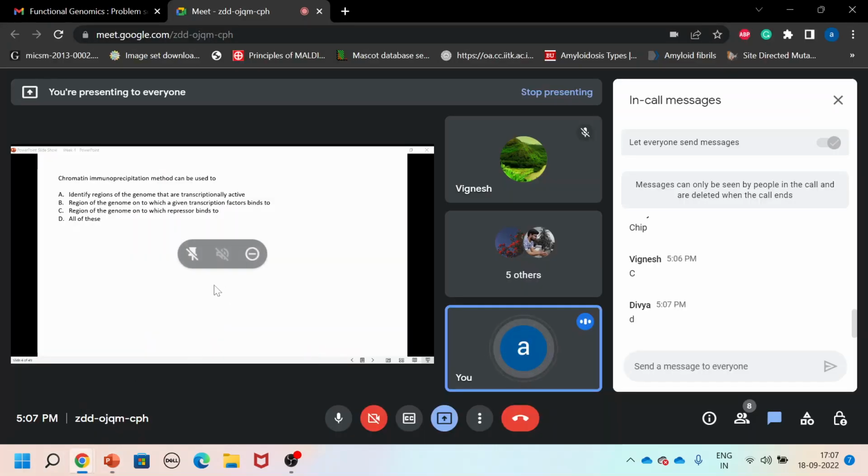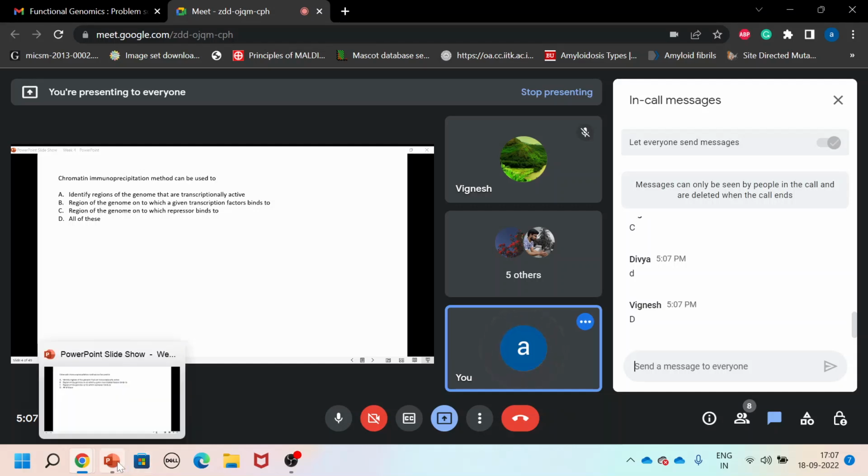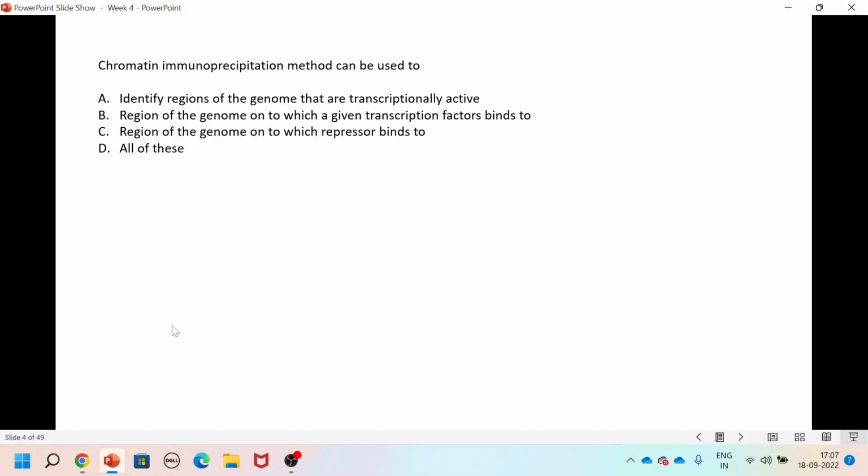This is also very easy, right? Divya has answered option D. Does anyone else want to answer, or disagree that it should be option D or something else? Okay. Correctly answered. The answer is option D, which is all of these.